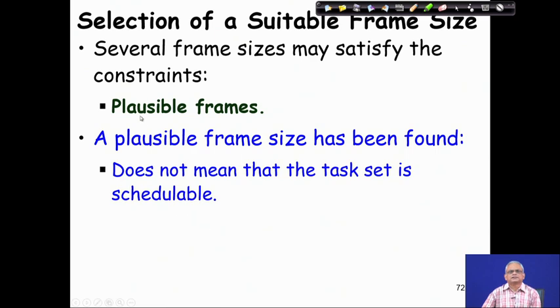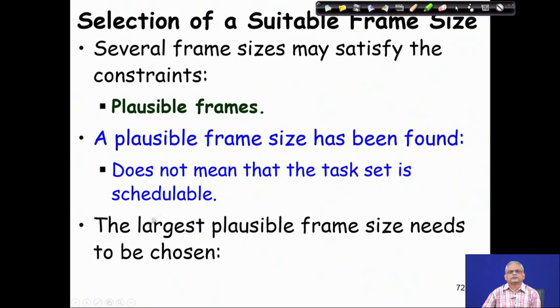We will find that several frame sizes become possible. So, these we call plausible frame sizes, and then even if we have a plausible frame size, it is not the case that a schedule may be found, maybe because the total number of job instances to be handled is more than the number of frames in a major cycle.